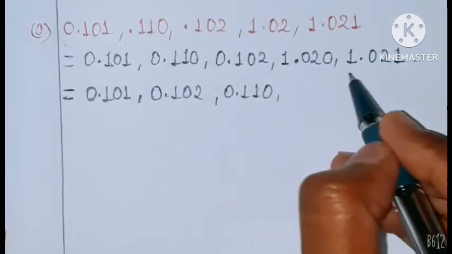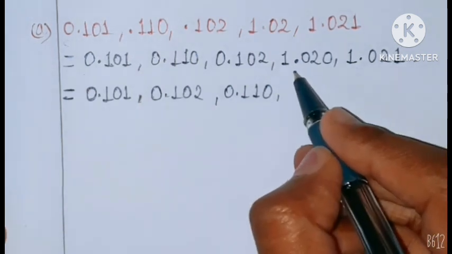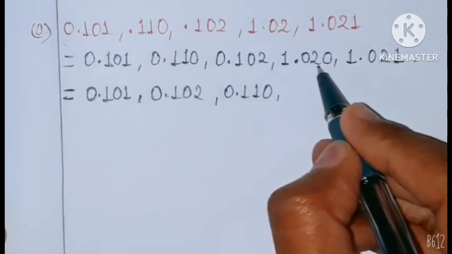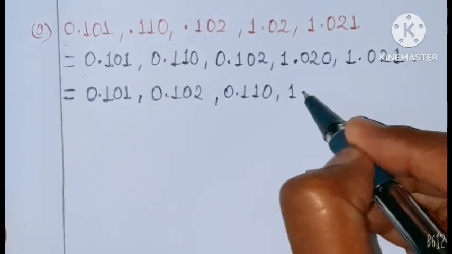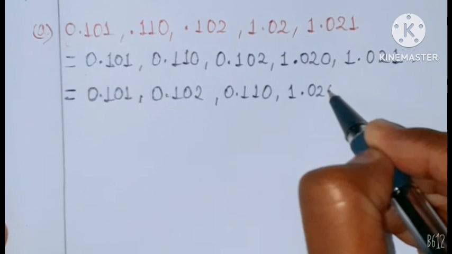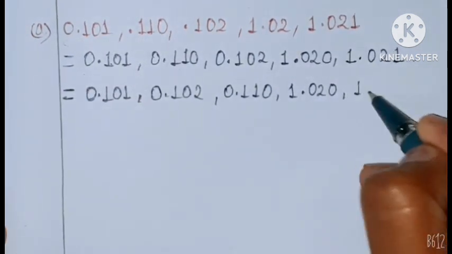Now let's come to the numbers which have 1 before the decimal. We will find that 1.020 is smaller than 1.021. So we'll write 1.020, because 20 is smaller than 21, and then 1.021.